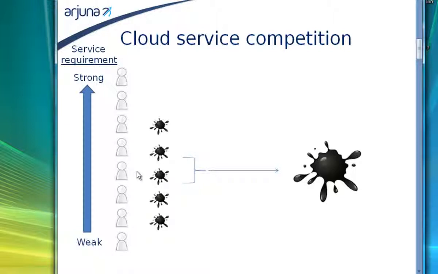Hopefully they want the InkSpot service itself, but the quality of service that they require from that may vary considerably. Some of them may have very high reliability requirements, others may have very high pricing requirements, data security requirements, support, etc. In fact, there's a multi-dimensional collection of quality of service requirements that these users might be interested in.